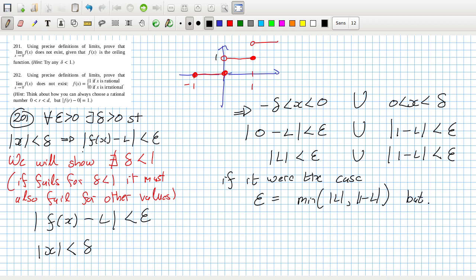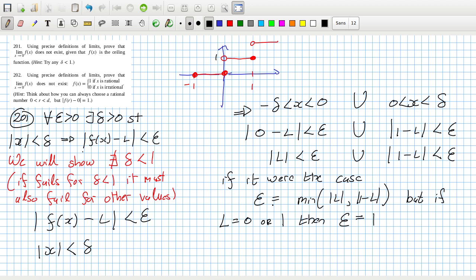I didn't really say this last time I did a proof like this, but if L is 0 or 1, then you'd have a minimum of 0, so then just make epsilon equal to 1.